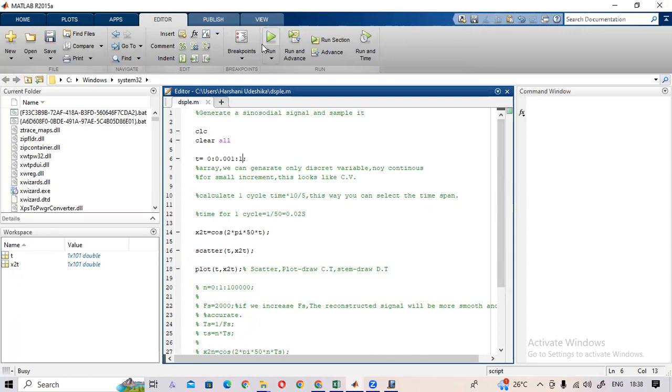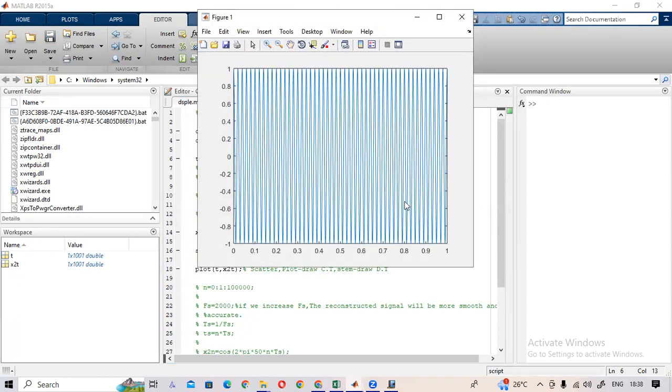Okay, so you can see that number of cycles will increase. Okay, that means there are around 50 cycles within this scale. Okay, so you can't see the cycles clearly. Okay, so your graph will not be clear. Okay, so that is why I asked you to draw some appropriate number of cycles.